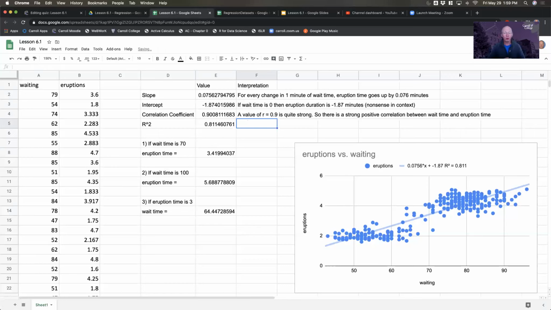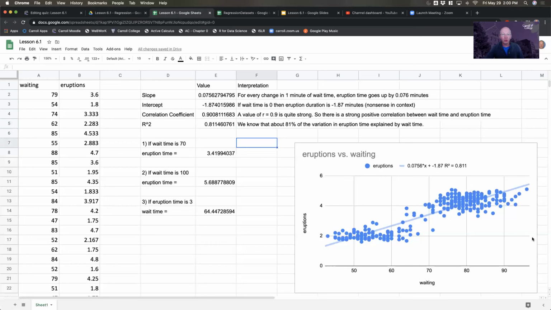Okay, and the R squared is 0.811, so let's see, sorry, I just lost my train of thought. Okay, I'm with it now. So we know that about 81% of the variation in eruption time is explained by wait time.